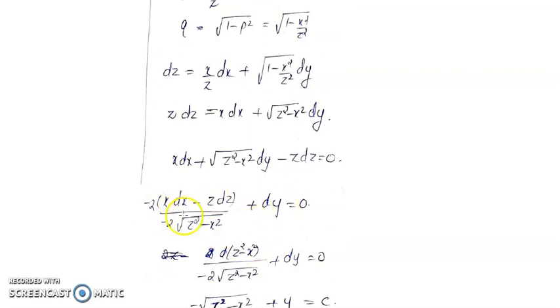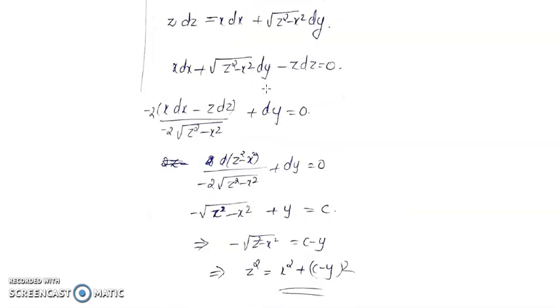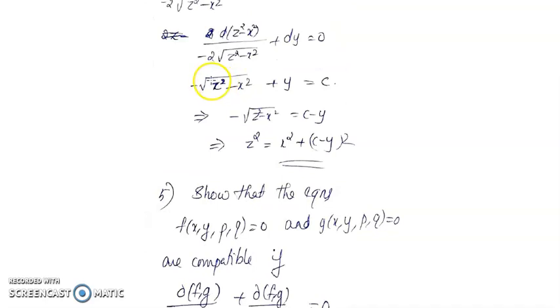So I can simplify it as minus 2 into x dx minus z dz by minus 2 root of z square minus x square plus dy. So the differential is minus root of z square minus x square plus y equal to c.